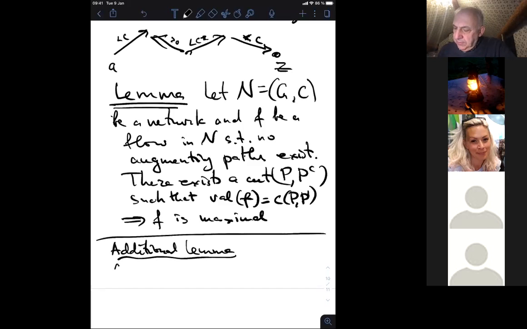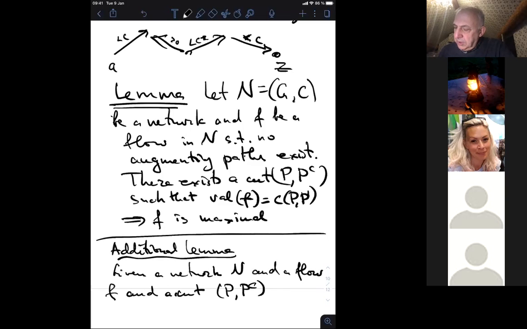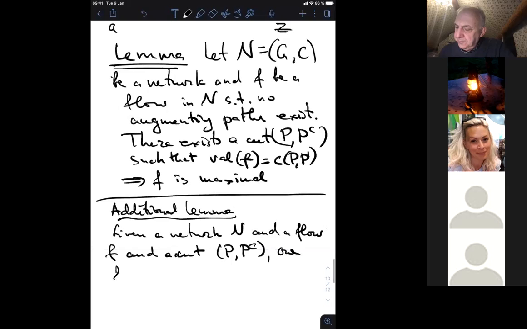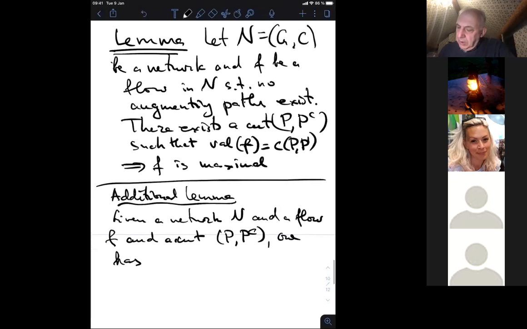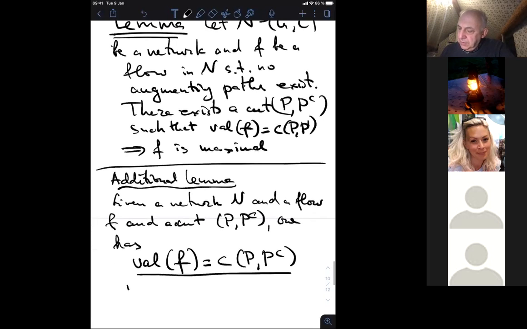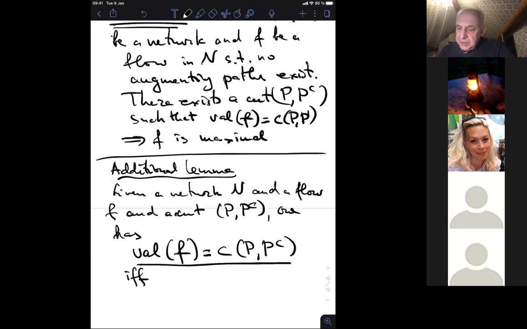So given a network and the flow F and the cut P, P complement, one has the following. The value of the flow equals the capacity of the cut. It's always an inequality, but we have equality if and only if the following two things are satisfied.